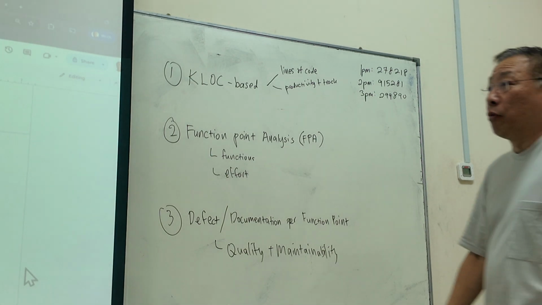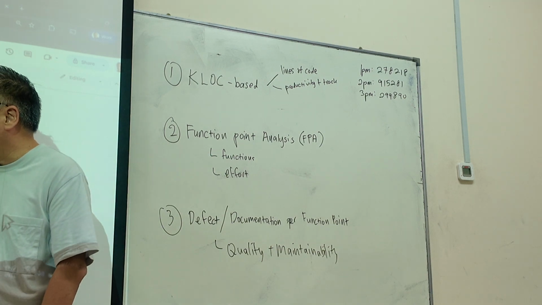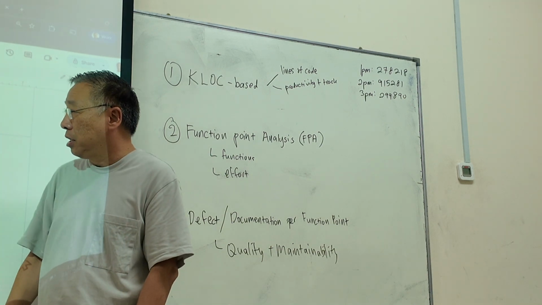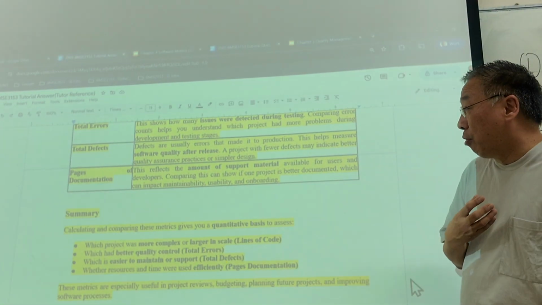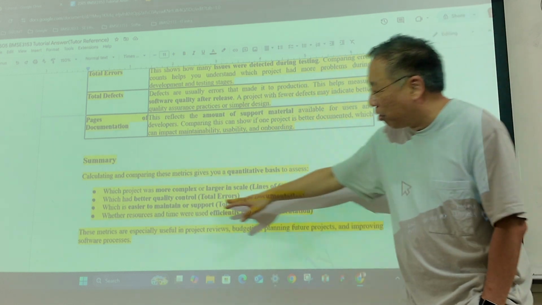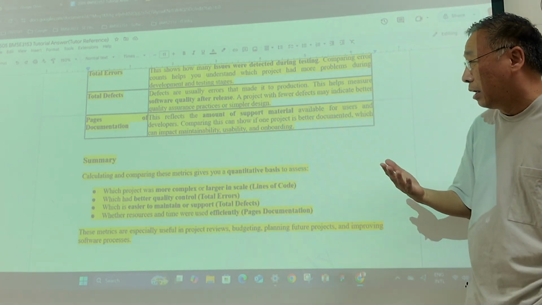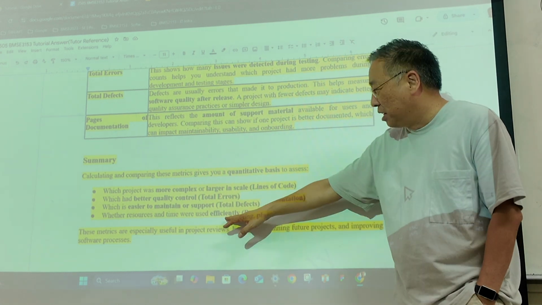So basically, what we just did, the lines of code really tells us which project is more complex and larger in scale. The total errors tells us a bit more about quality control. Total defects tells us which is easier to maintain or support, also quality control related. And finally, which resource type is used efficiently. This is one way to measure.